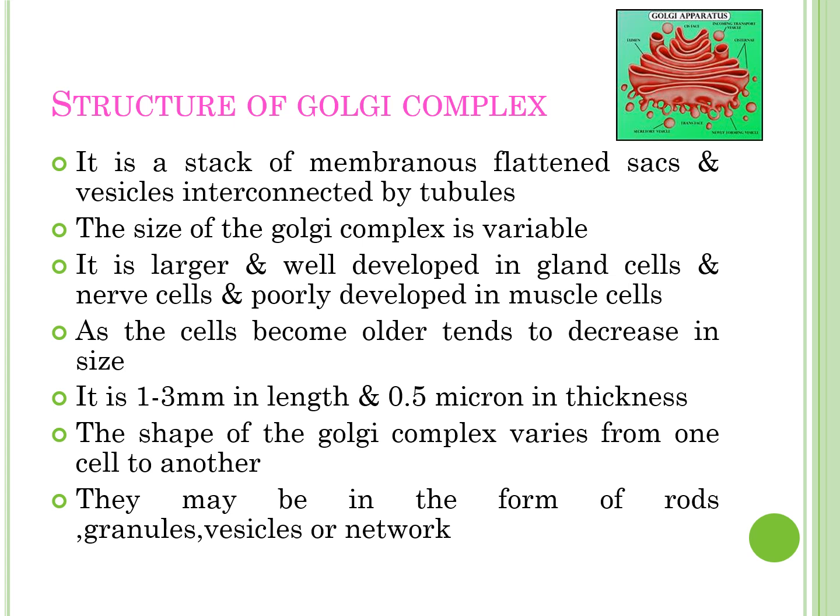As the cells become older, it tends to decrease in size. It is 1 to 3 mm in length and 0.5 micron in thickness. The shape of Golgi complex varies from one cell to another. They may be in the form of rods, granules, vesicles, or network.